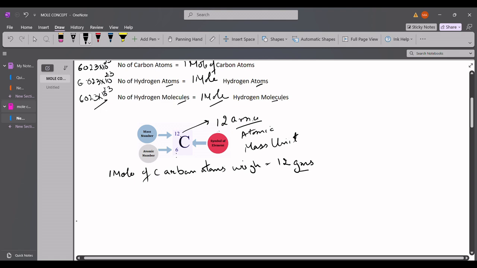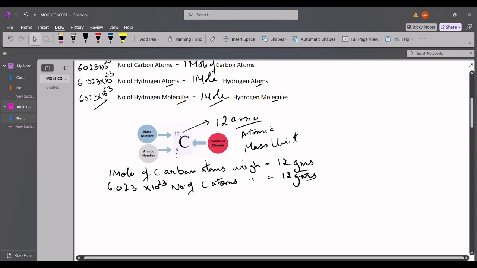Now my problem has been solved. Why? 1 mole means 6.023 into 10 raised to power 23 carbon atoms, and it will weigh 12 grams.